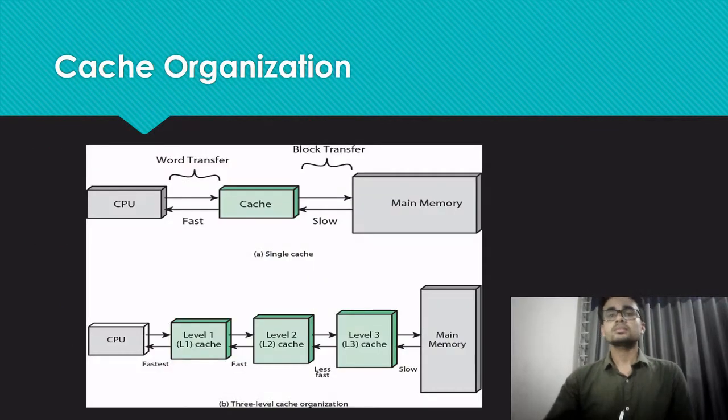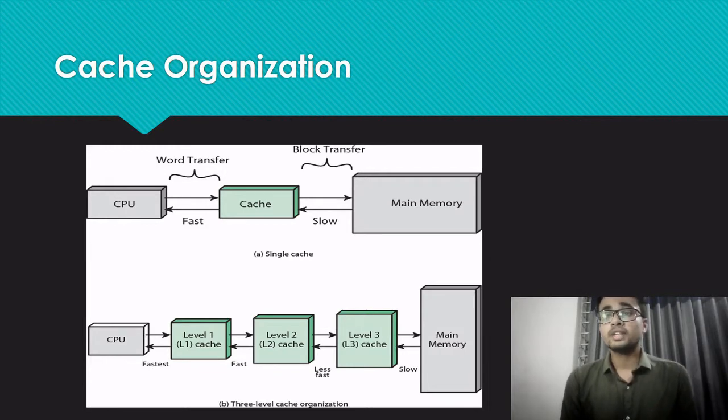Okay, here we can see a cache organization. There are single cache level and three level cache organization. Okay, in single cache organization, there is only one cache memory between the CPU and main memory, that is a little bit faster than the others.